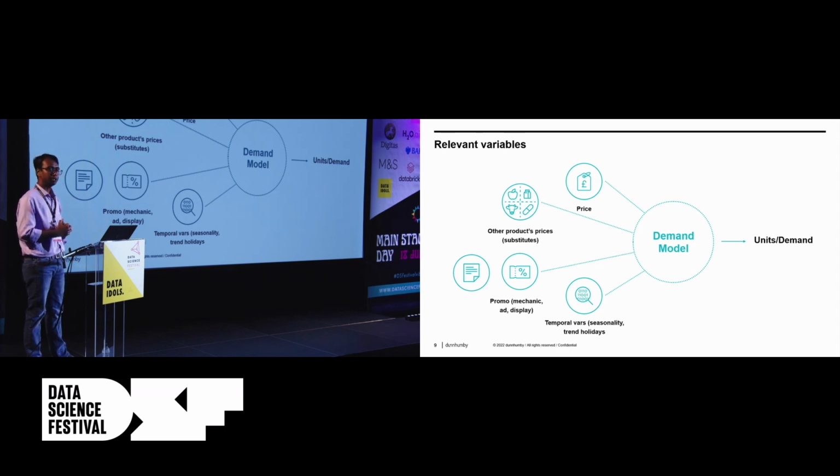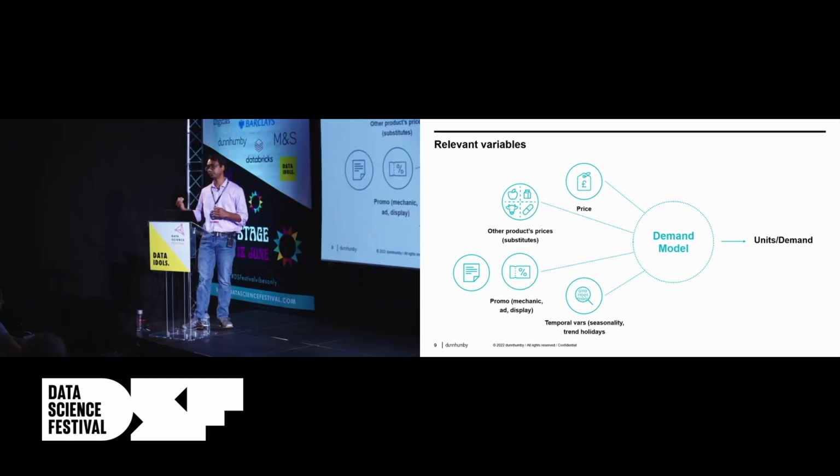Then usually products sell more when they are on promotion. Now there are different types of promotions that we consider. What we call mechanic is just the communication of the promotion, whether a product is on 50% off or a buy one get one free type of promotion. So that's just the communication part when you talk about the mechanic. We have something called ad, which is just the leaflet, whether it's sent by post or some other way to the home.